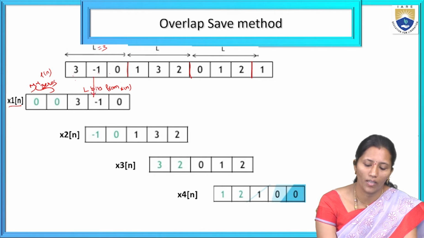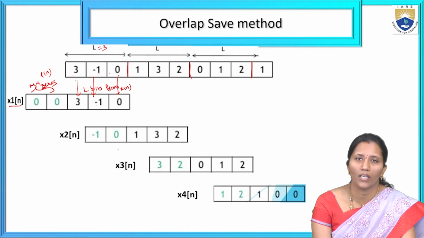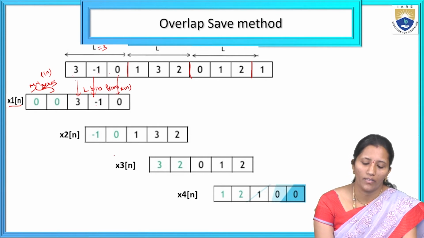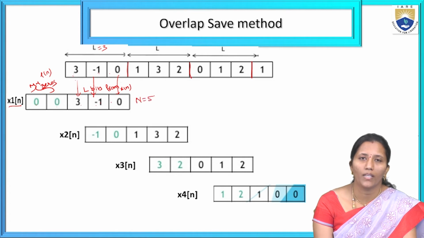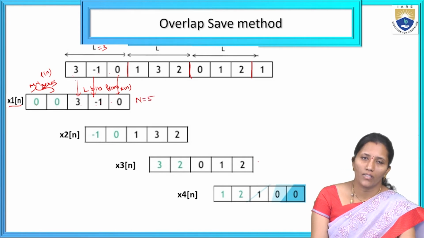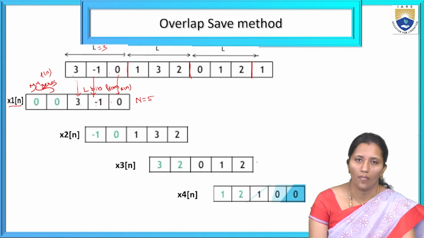These bits will come here: 3 will come here, then -1 and 0. So the first bits are M minus 1 zeros, followed by the first L bits from x of n. So in total how many bits do we have? 1, 2, 3, 4, 5. So here N is equal to 5. Each segmented block should contain 5 samples here.